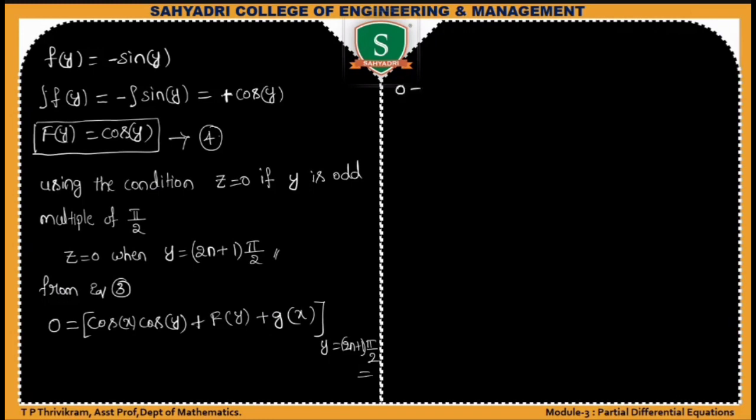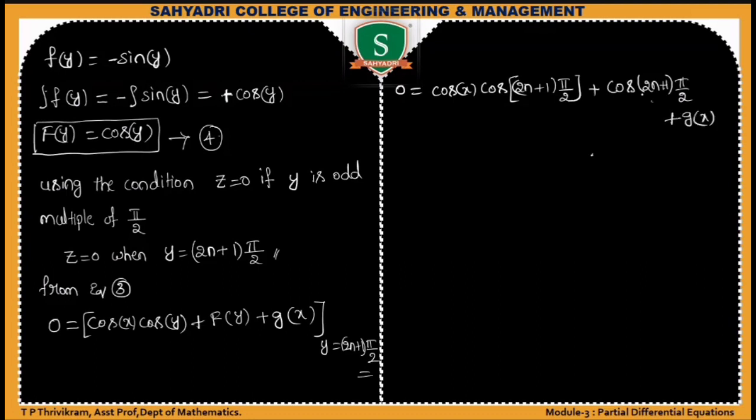So 0 equal to cos x into cos of (2n+1) pi by 2, plus, so F of y is nothing but cos of (2n+1) pi by 2, plus g of x.